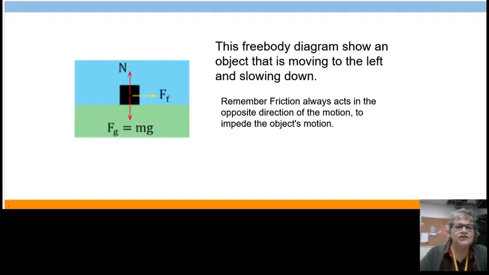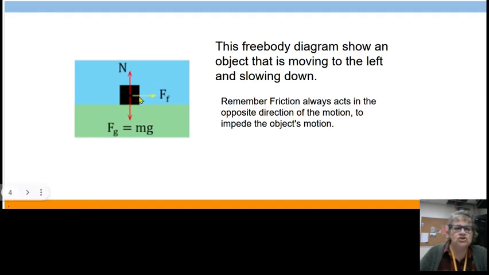If I look at this particular free body diagram, basically what it shows me is an object that's sitting on a table. It's not floating away and it's not going through the table, so it's just sitting there. And it had an initial push of some sort, so it's actually moving, but it's slowing down.